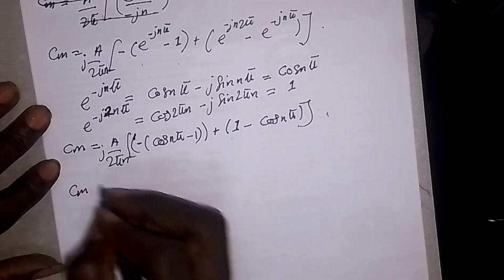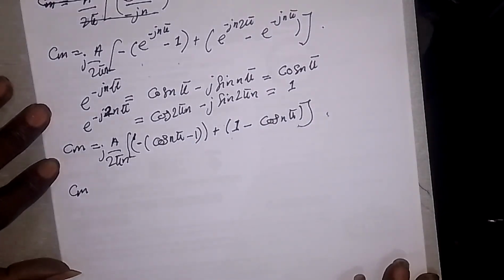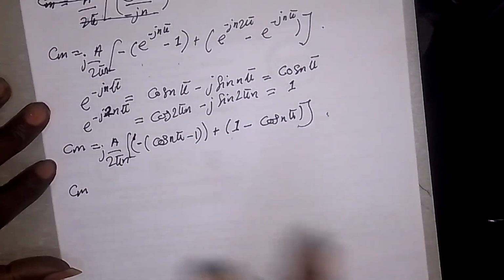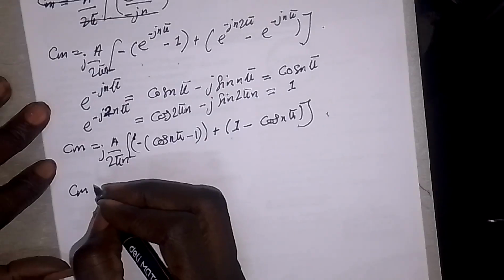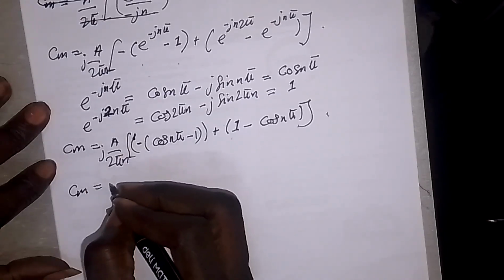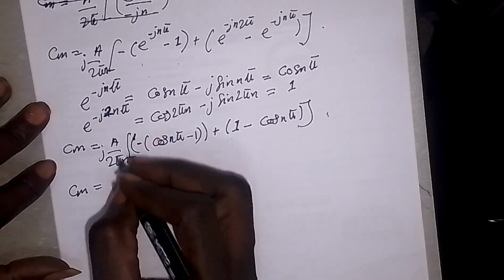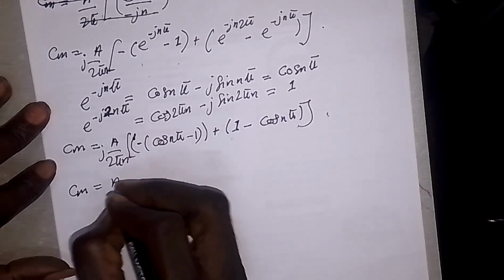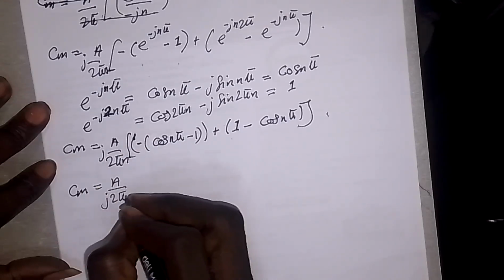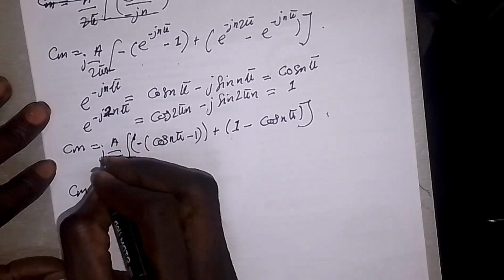So now Cm is equal to, I can write A into j 2 pi. Let's bring our j.